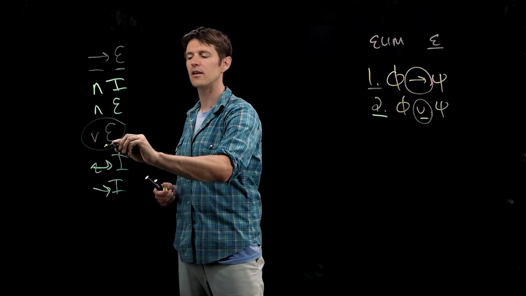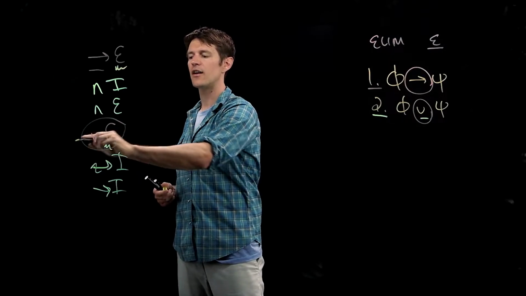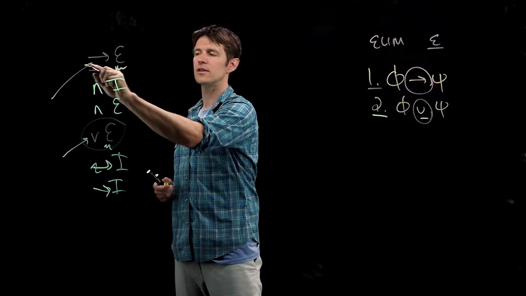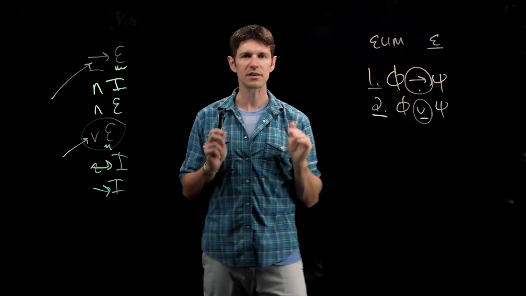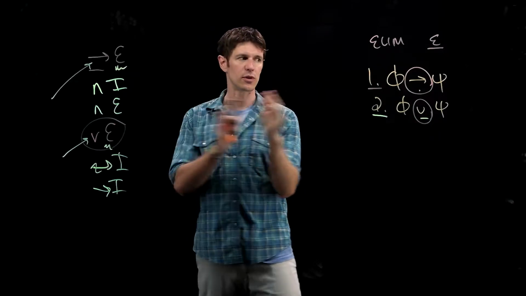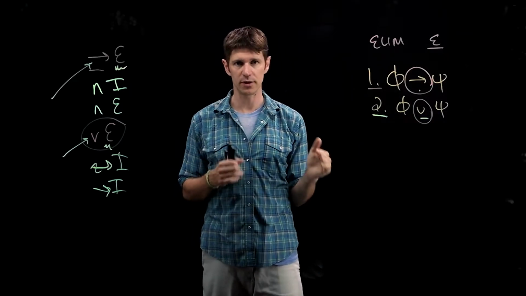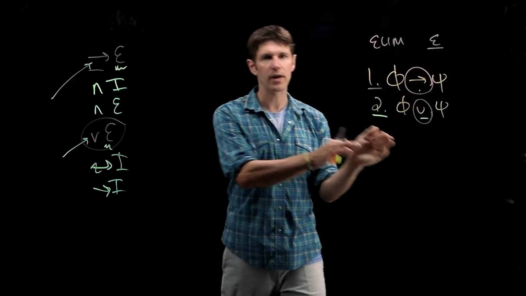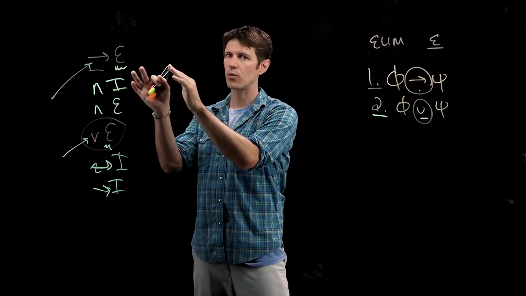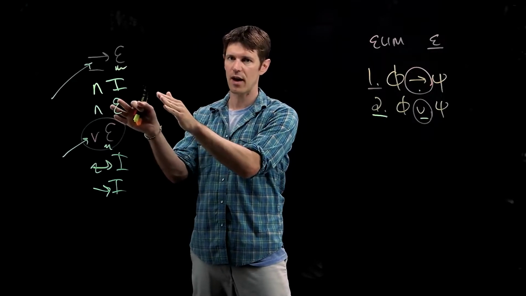Again, we're focusing on elimination rules that involve operators that are in our premises. So this is the tip for when you're trying to figure out which rule to use: look at your premises, identify the main operator, and then focus your attention on elimination rules that involve that operator.